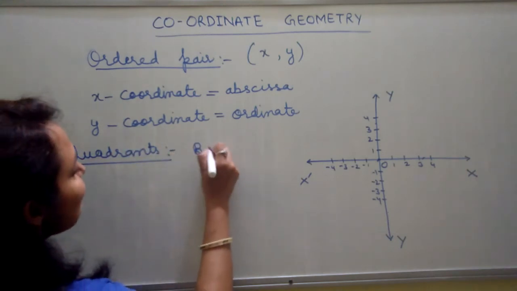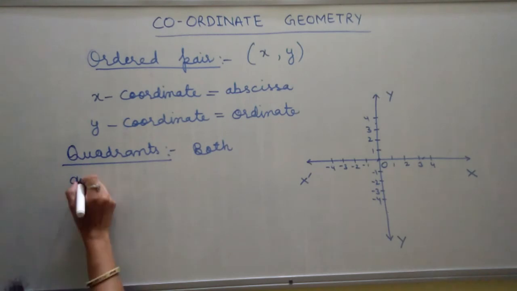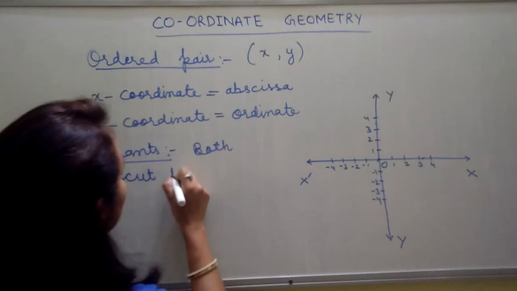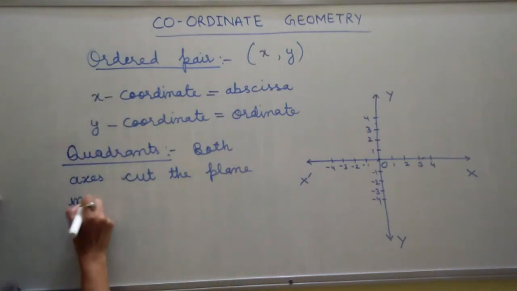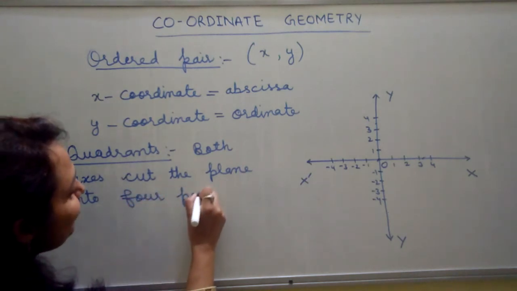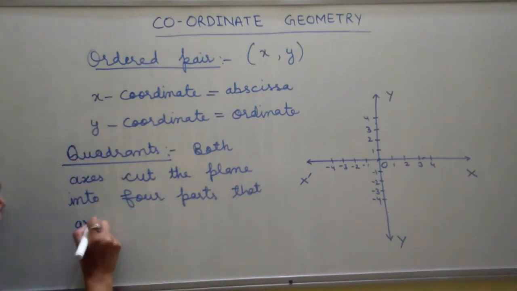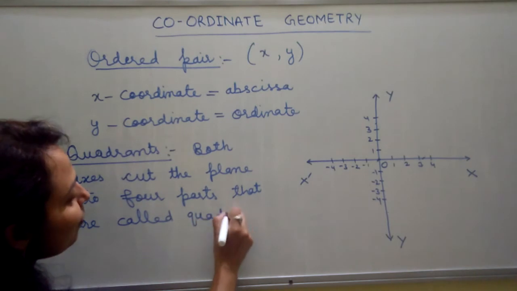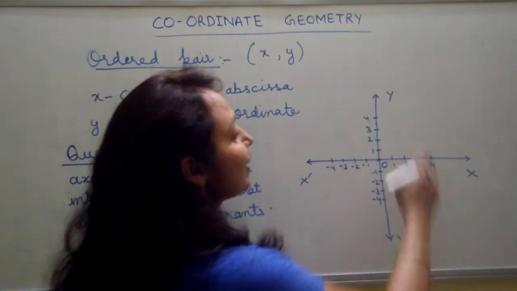Both axes cut the plane into four parts that are called quadrants.